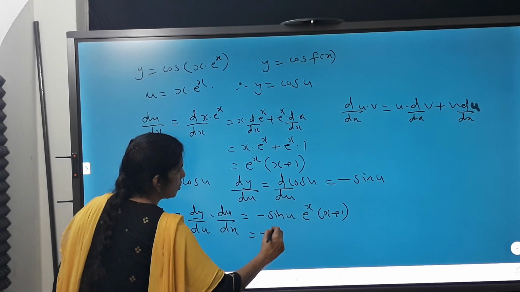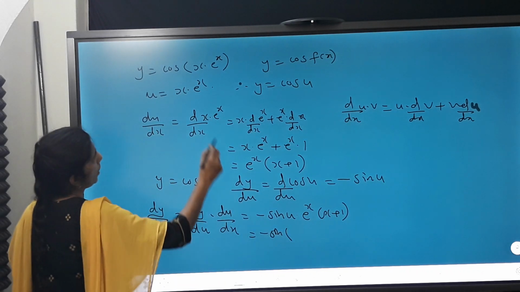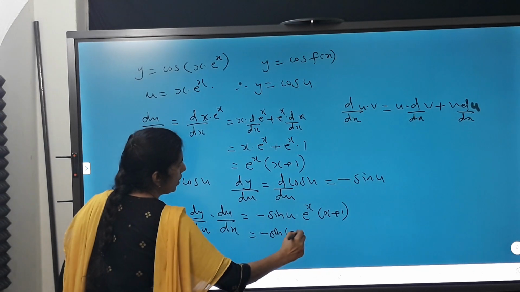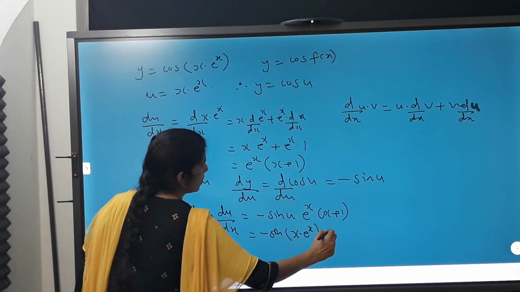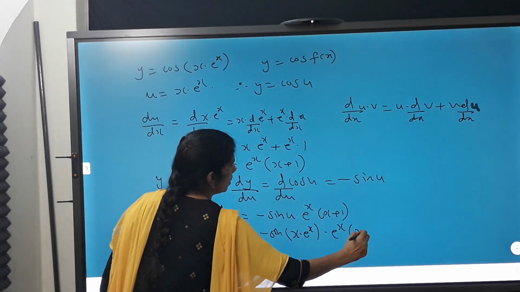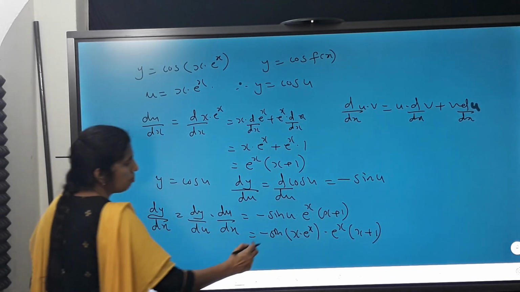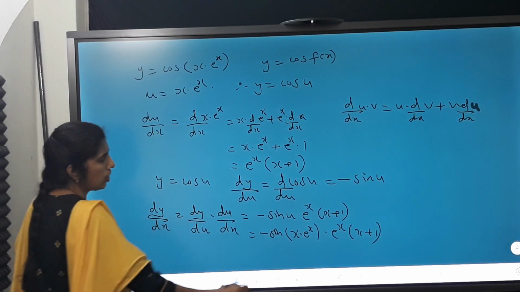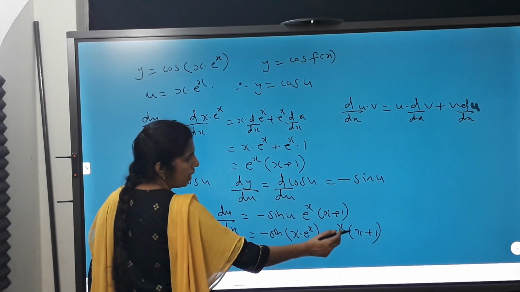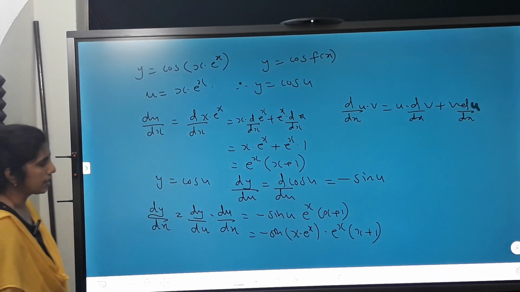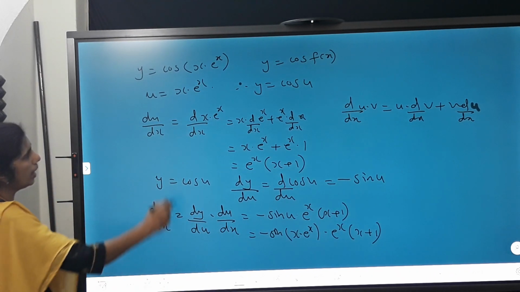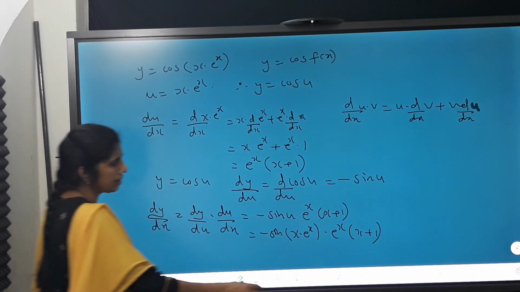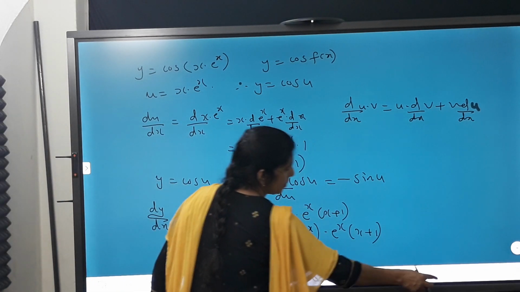Finally, substitute the value of u. Our u is x into e raised to x. So it is minus sin of x into e raised to x, into e raised to x into x plus 1. So this is our dy by dx in this case.